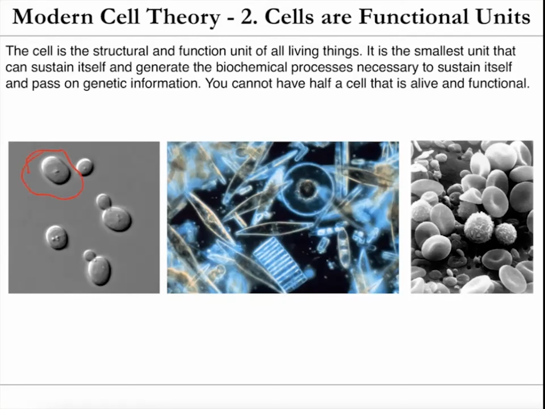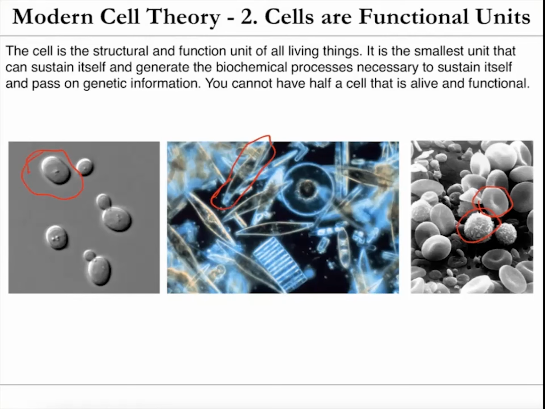Each of these individual cells, and there are a lot of different kinds, is an individual unit. They are fully functioning, not necessarily independent, but they can function independently and take care of their own processes.